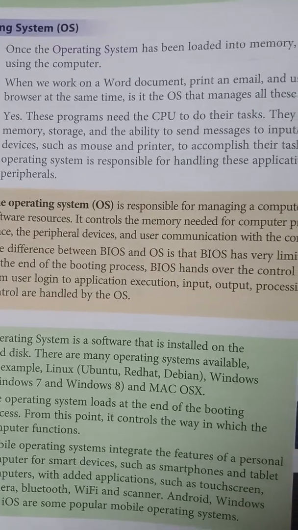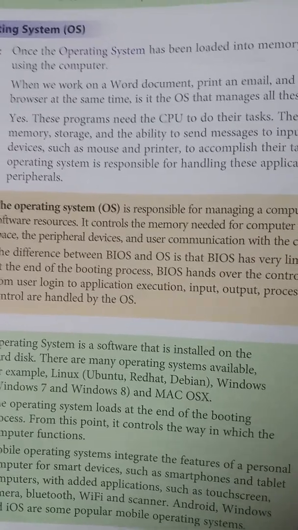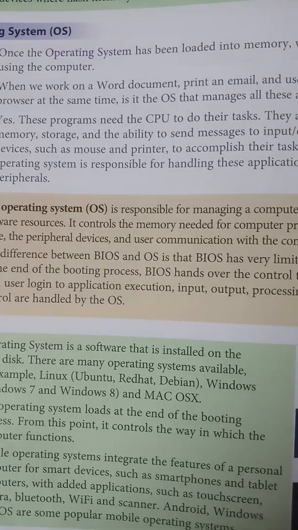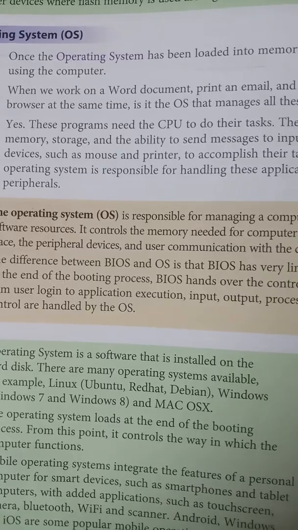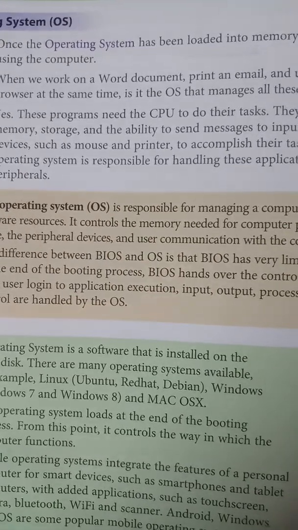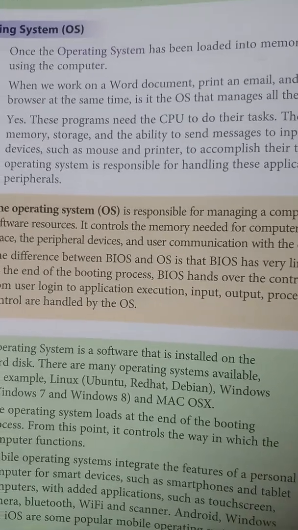The process will happen only in the CPU, but the OS will handle all the applications and the peripheral devices. Okay, it will handle all the applications, like what are they? Memory, storage, and then word processing, painting, gaming. These are controlled by the OS and also the peripheral devices.